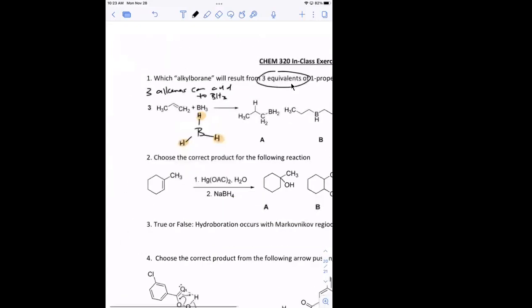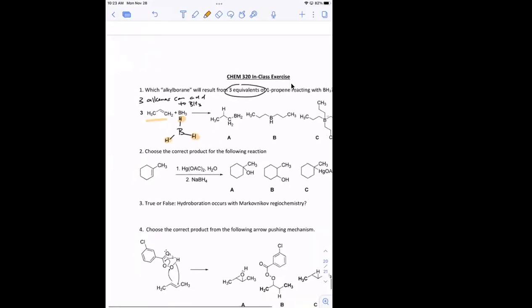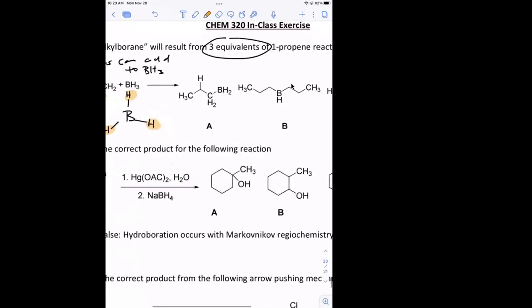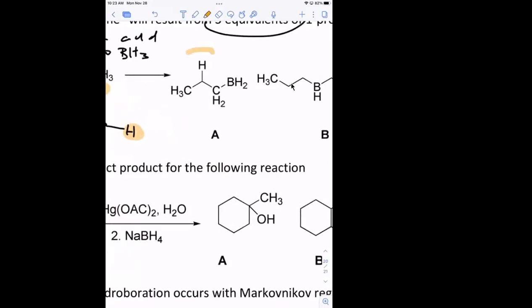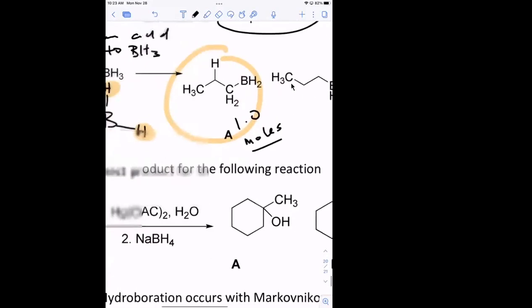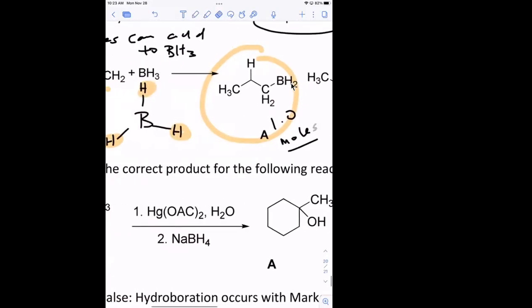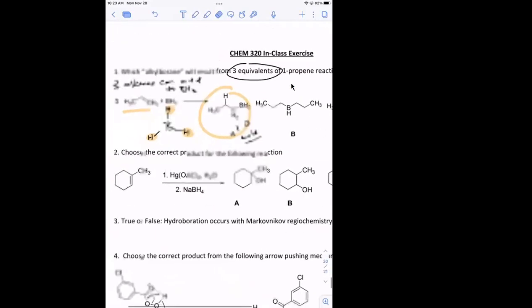So if I took this alkene and added it to BH3, if I added it once, I would get this. There'll be 1 mole of alkene. Y'all following that?